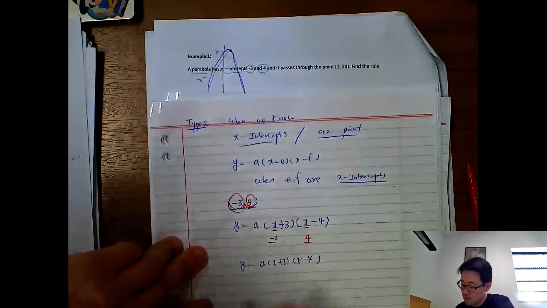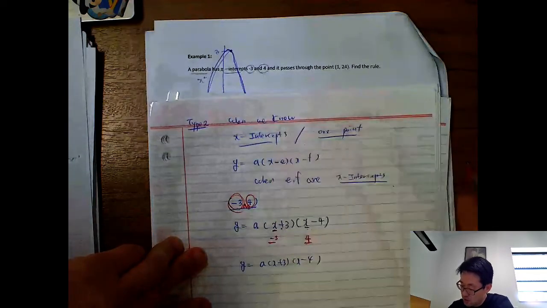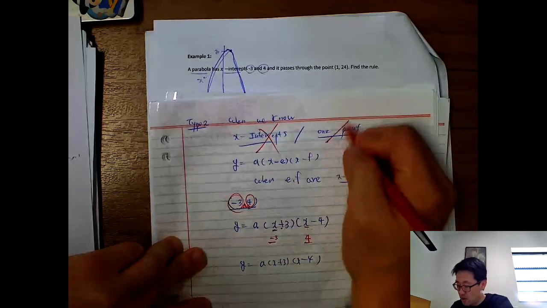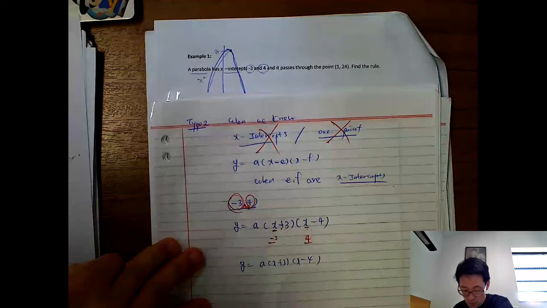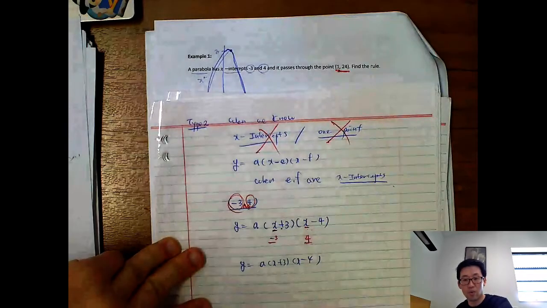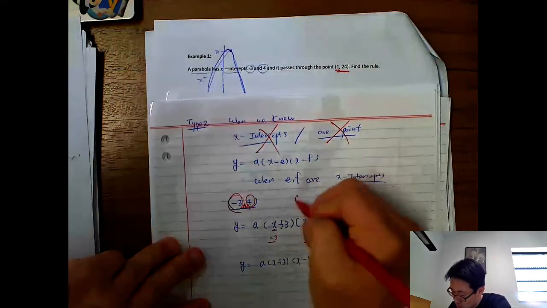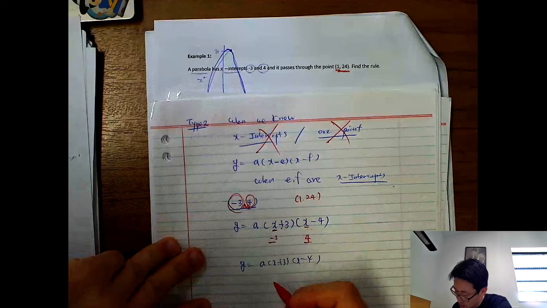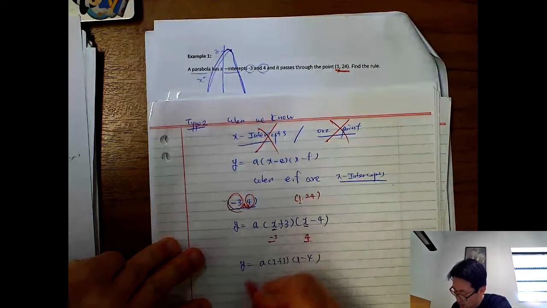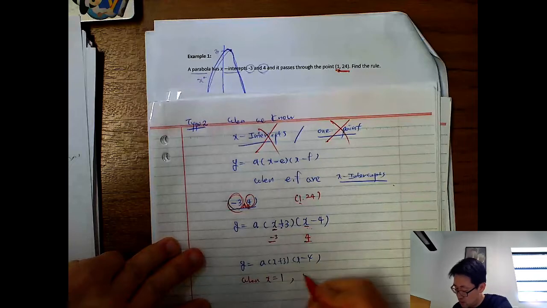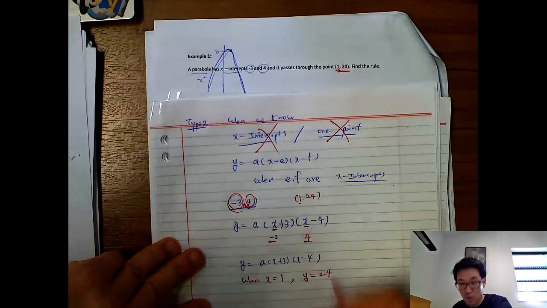Then we use the x-intercepts, and we have another point. Which point do we have here? 1 and 24. So when x is 1, y passes through 24.